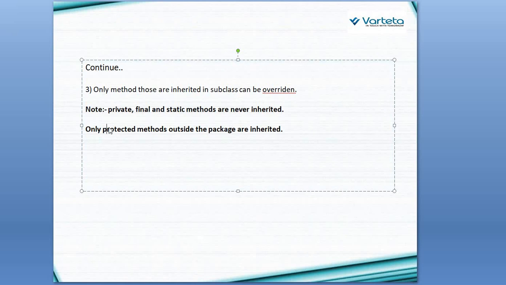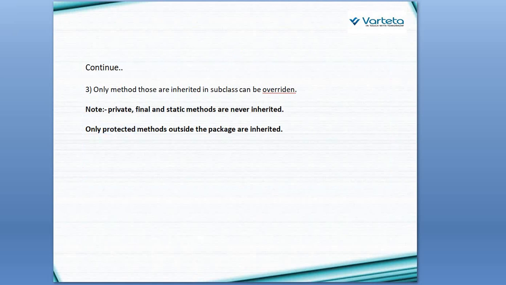Default methods are only accessible inside the package. If we go outside the package, then default methods are never accessible and they cannot be inherited. If I make it a protected method, then it can be used outside the package and inherited there. So only protected methods, if they are outside the package, can be inherited. The methods that are inherited only can be overridden. That's the important rule we need to understand.